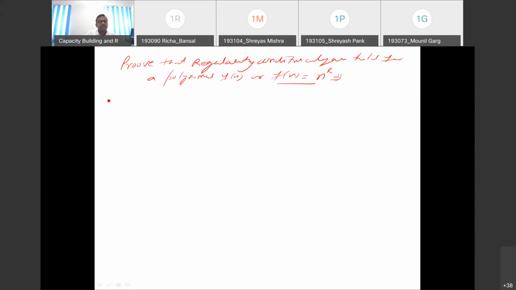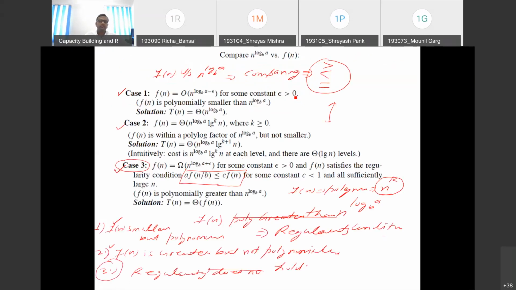Now we know that the concept of the regularity condition comes under case 3. And what exactly is case 3? What does case 3 say? When f of n is greater than n raised to the power log a base b. Have a look at the condition of case 3 once.